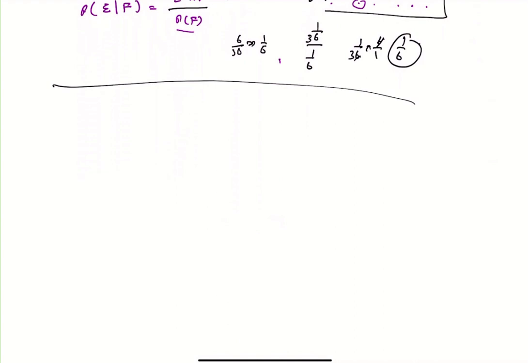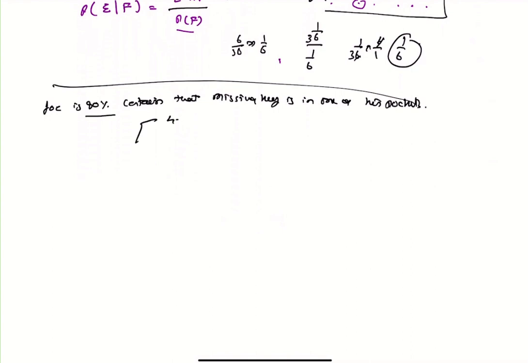Next question is Joe is 80% certain that his missing key is in one of his pockets. And he thinks that it is 40% certain that it's in the left pocket, and 40% certain that it's in the right pocket.